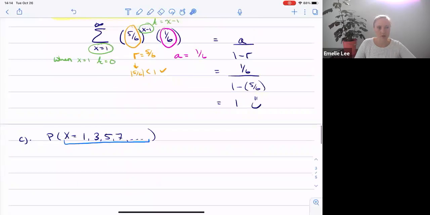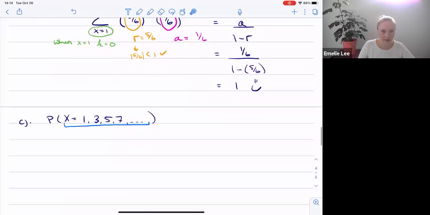Okay, so for the next one, these are odd values of x, right? So we want to find the probability. So instead of summing over all the probabilities to end up at 1, now we want to look at, okay, what's the probability of only odd values of x?